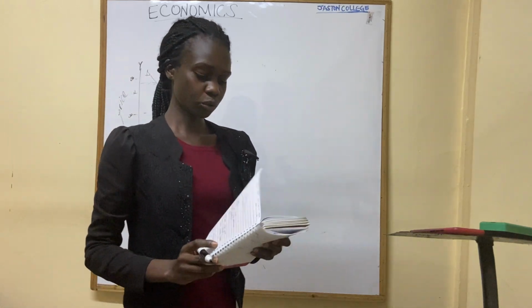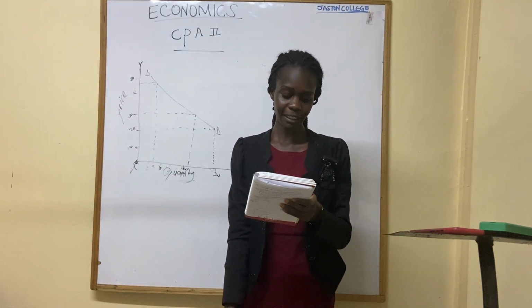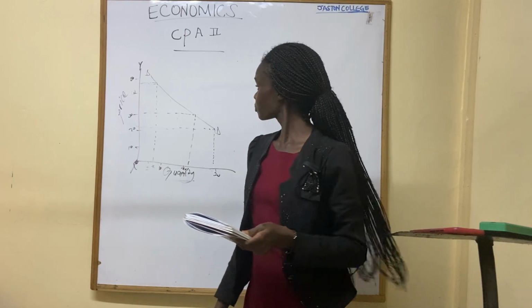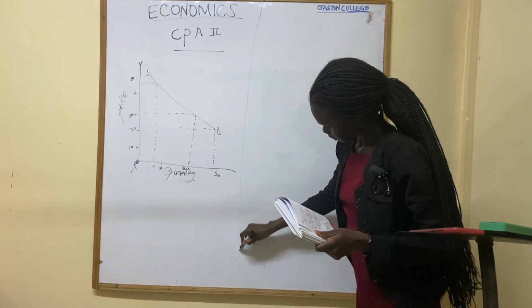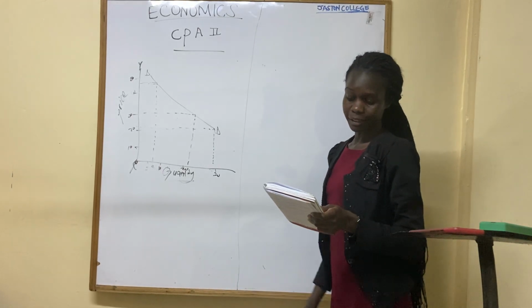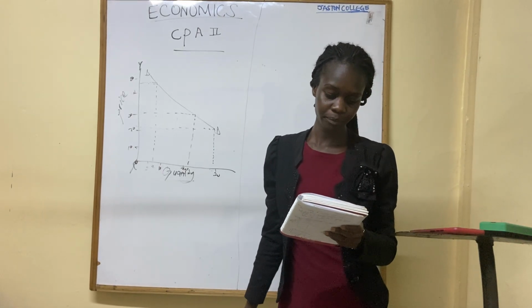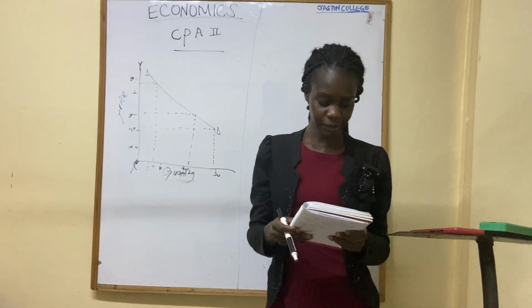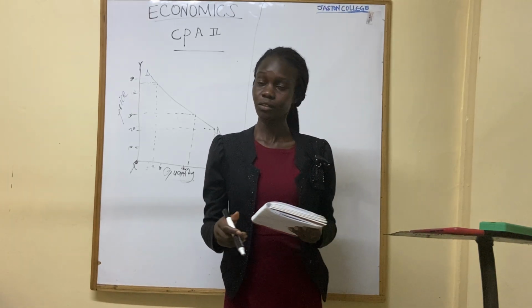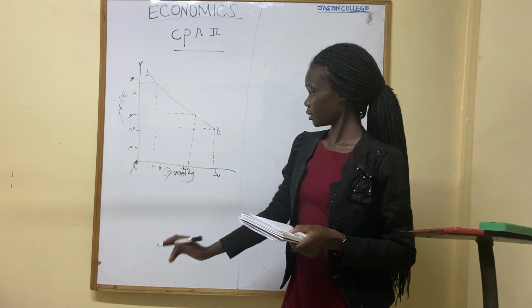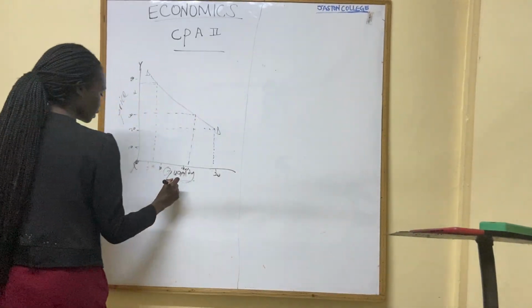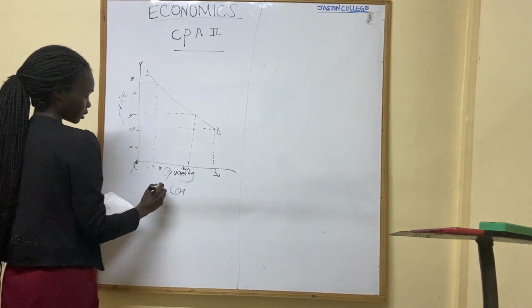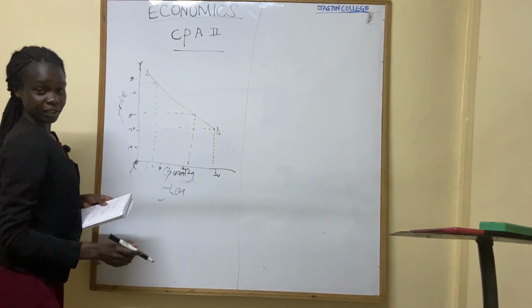So we are going to go to factors that influence demand. These factors include the income of household, the taste of household, and the price of other related products. So let's say this is tea, and the related product is coffee.